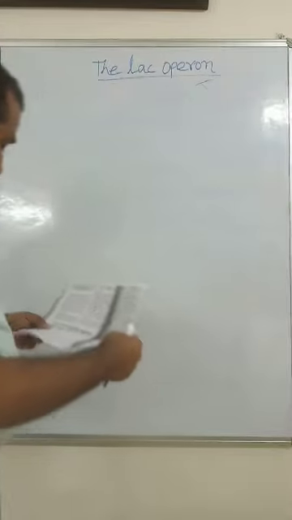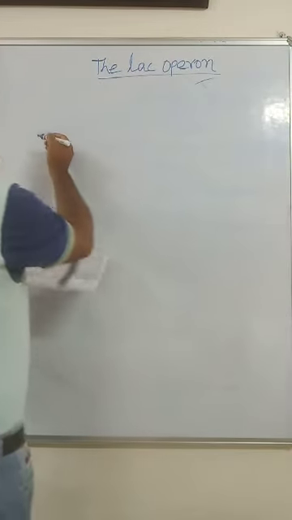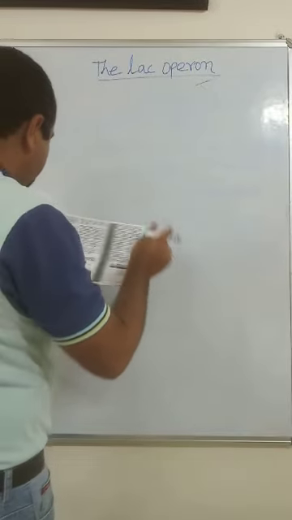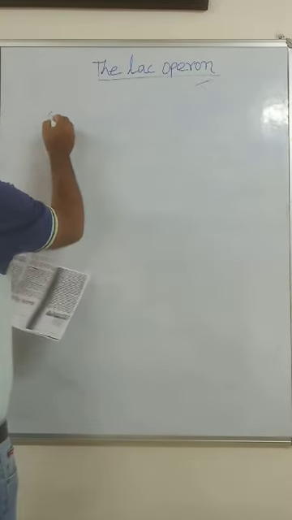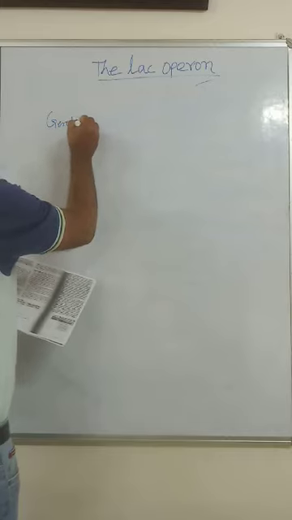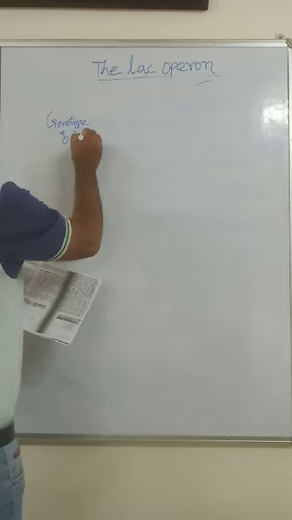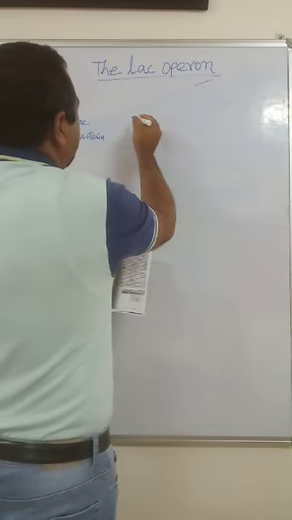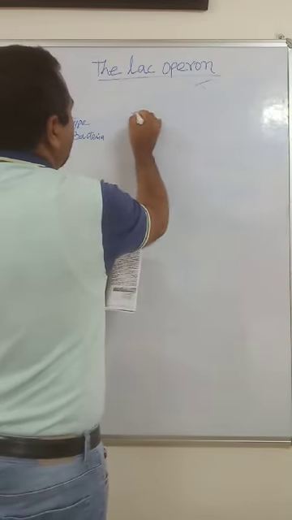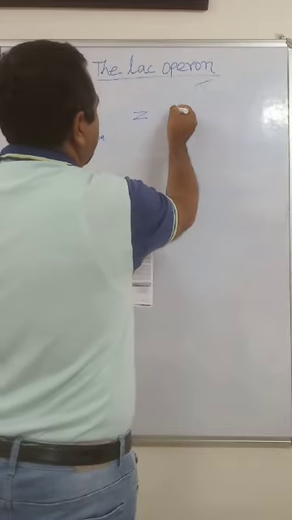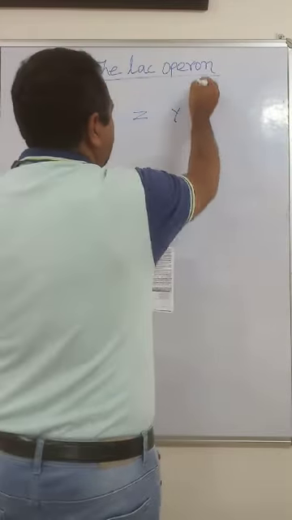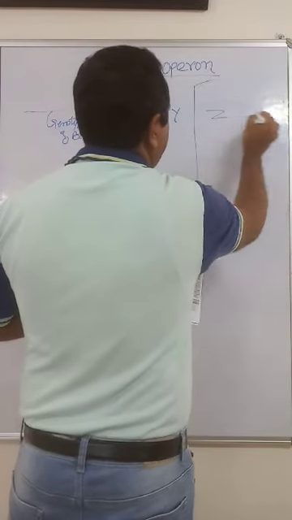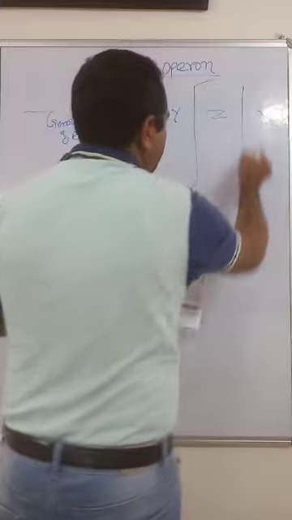So first we take the representation of these lac genes. So here the genotype of bacteria, and here the product of lacZ gene, and here the product of lacA gene, and similarly here the product of lacZ and lacY gene.